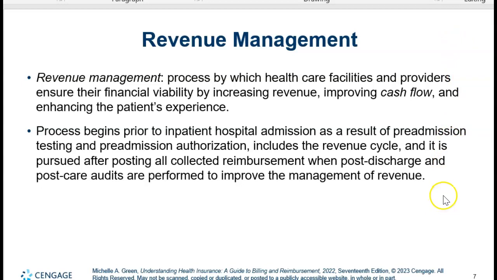Revenue management is a process by which healthcare facilities and providers ensure their financial viability by increasing revenue, improving cash flow, and enhancing the patient's experience. So the process begins prior to hospital patient admission, with pre-admission authorization, the revenue cycle, posting collected reimbursement, and then in everything we do, audits to improve it.